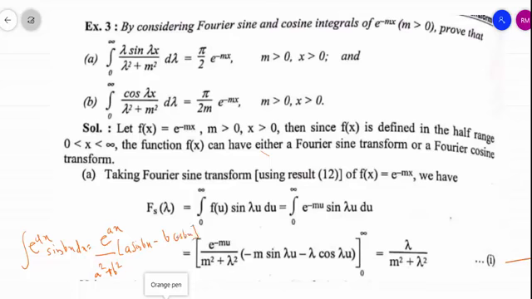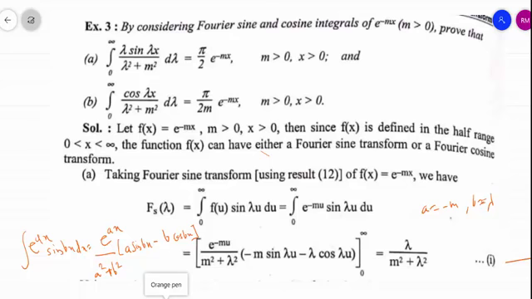We have to use this formula. So here a is equal to minus m and b is equal to lambda. Just substitute here: m square plus lambda square, minus m sin lambda u minus lambda cos lambda u. In this way we get the Fourier transform of the given problem like this.